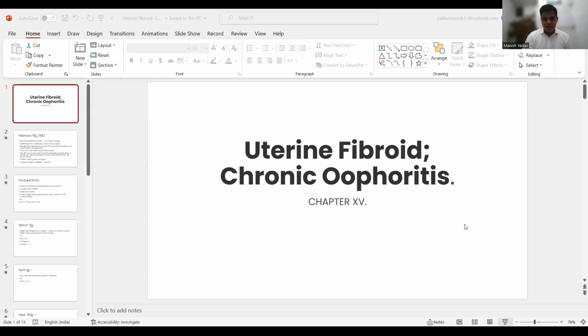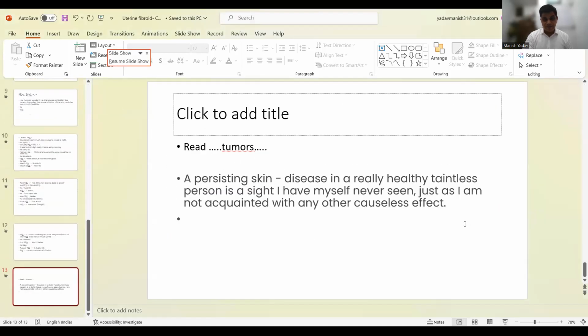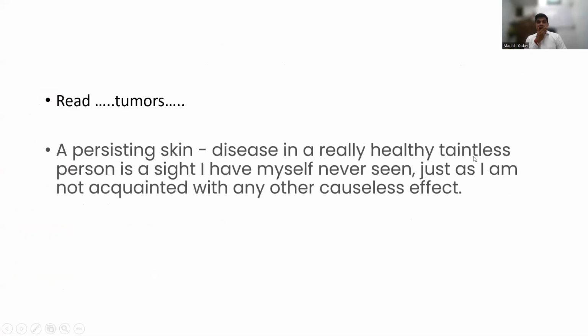Okay. And then he says, the last sentence, from there we are done, which I feel we should keep an eye on. It says, a persistent skin disease in a really healthy, taintless person is a sight I have myself never seen, just as I am not acquainted with any other causeless effects.